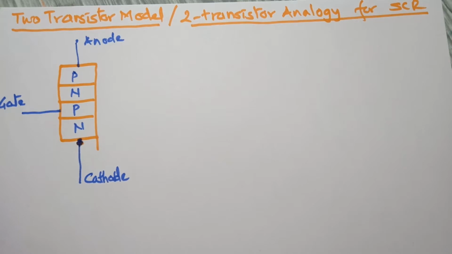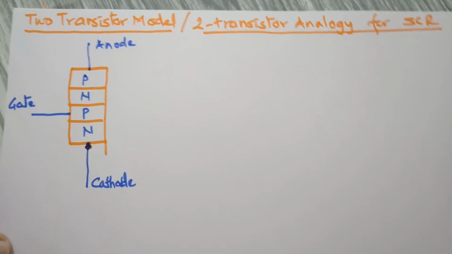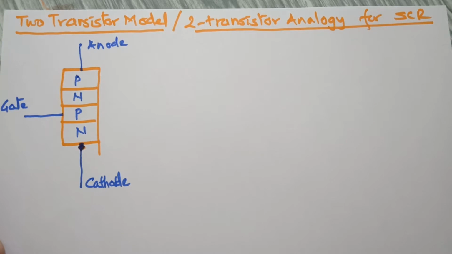Today I will try to explain the behavior of SCR on the basis of the two-transistor model. We can explain the turning on mechanism of SCR by considering SCR made up of two transistors, and that's why it is called the two-transistor model or two-transistor analogy for SCR.